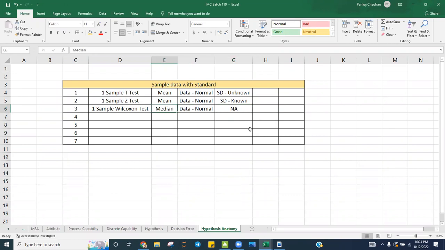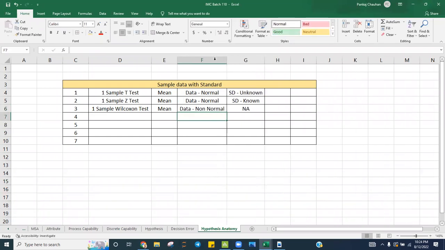No, no. Mean of a non-normal data. Sorry. This test we perform when you are comparing the average of a non-normal data, then we perform the one sample Wilcoxon test.